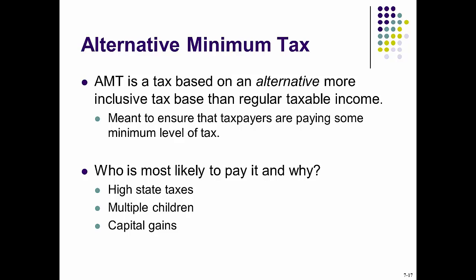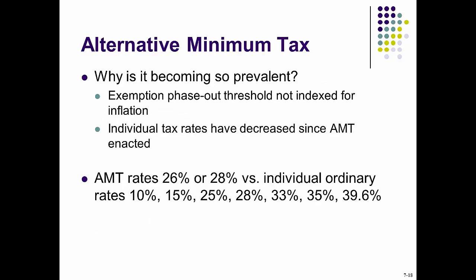to come to your alternative minimum taxable income. And also, why is AMT so controversial and so prevalent? Because the exemption phase-out threshold is not indexed for inflation. Individual tax rates have decreased since AMT was enacted. So in the beginning, only a very small percentage of taxpayers were subject to this, but now it has increased to affect even the middle class, for those people who make less than $200,000 a year.